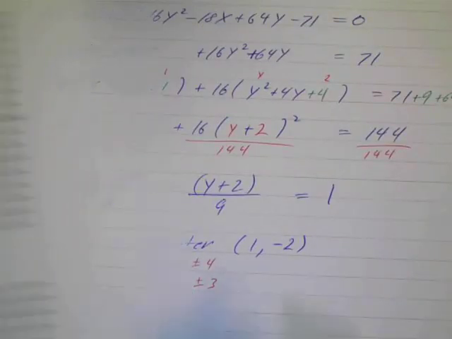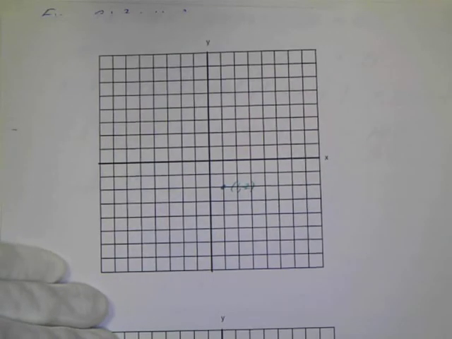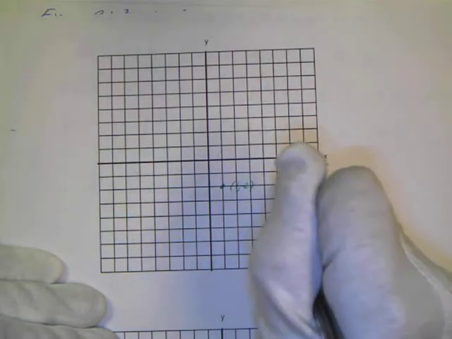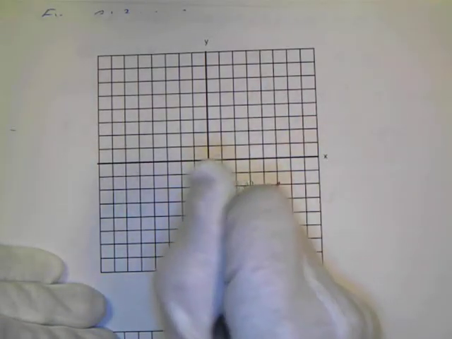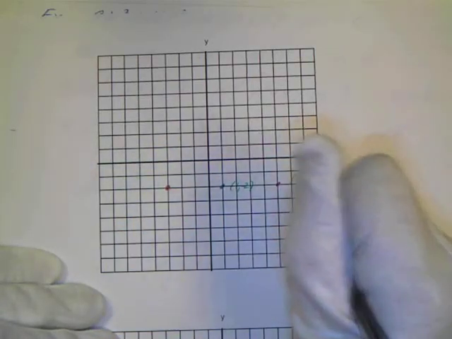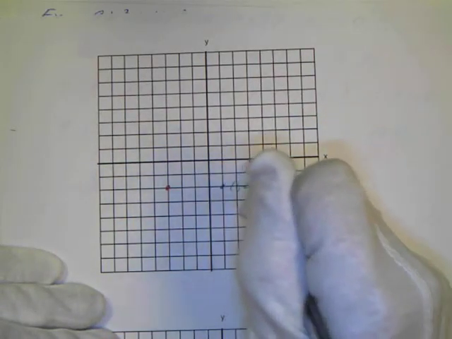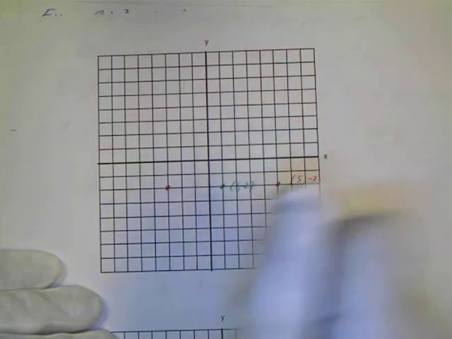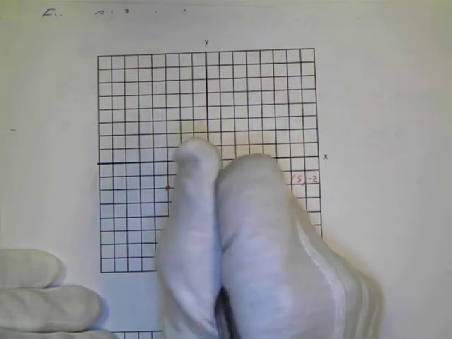And then my a is plus or minus 4, so that's my horizontal, so I'm going to go plus or minus 4 from this. 1, 2, 3, 4. And minus 4, 1, 2, 3, 4. And that point is the point 5, negative 2. And this point is the point negative 3, negative 2.